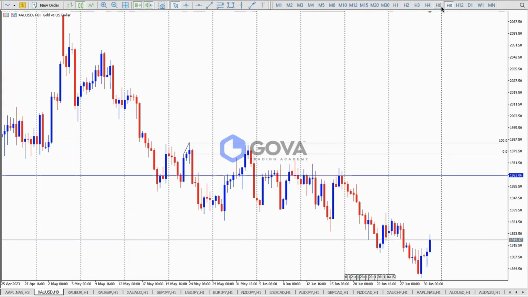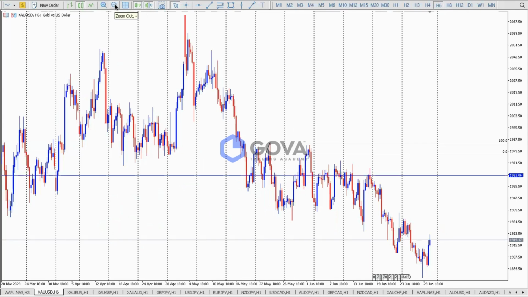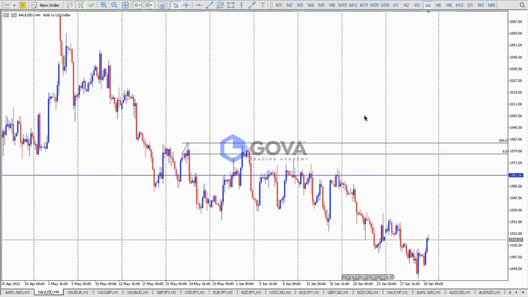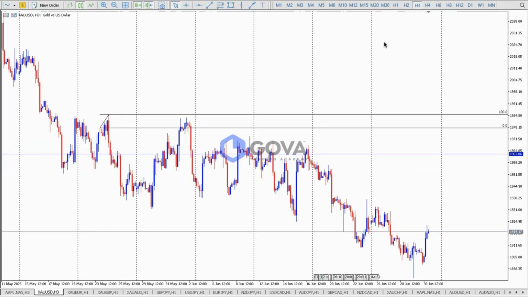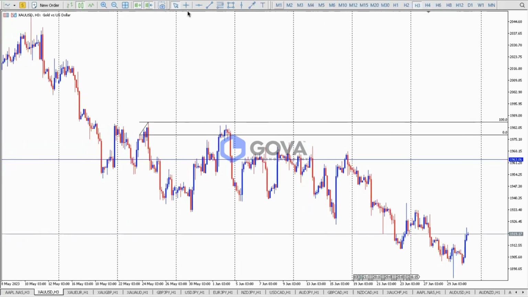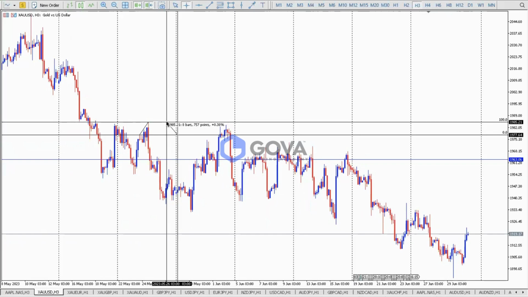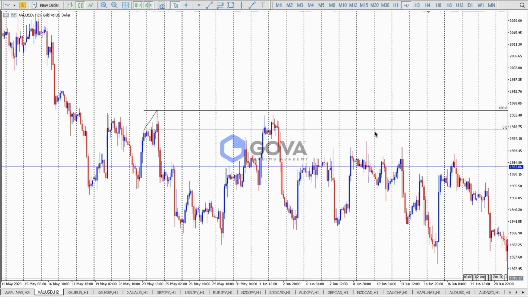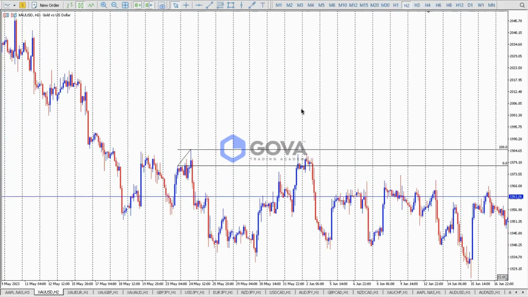So from H8 to H6, from H6 to H4, right now I'm trying to teach you guys how to mark out the zone. From H4 to H3, from H3 to H2, you can see this is the zone, right?